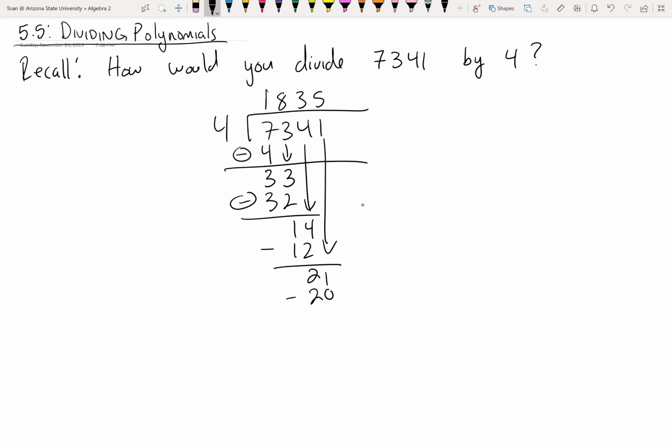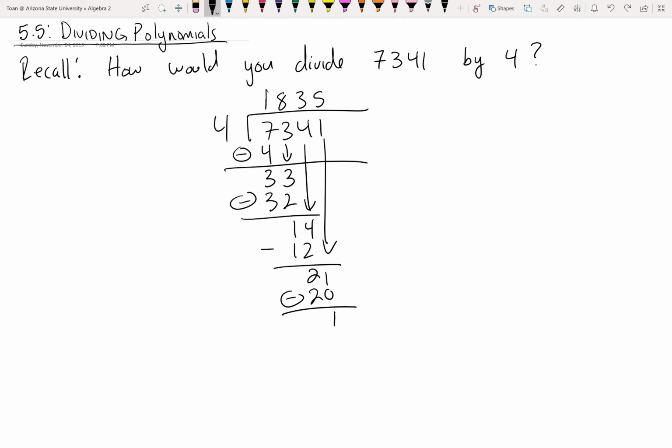You multiply, subtract. Now, at this point here, we probably learned how to use a decimal, add a 0, and continue the process. But we're actually going to stop at elementary school. Now, at elementary school, they probably said, hey, just make a remainder of 1. Well, that is true. 7,341 is 1,835 with the remainder of 1.